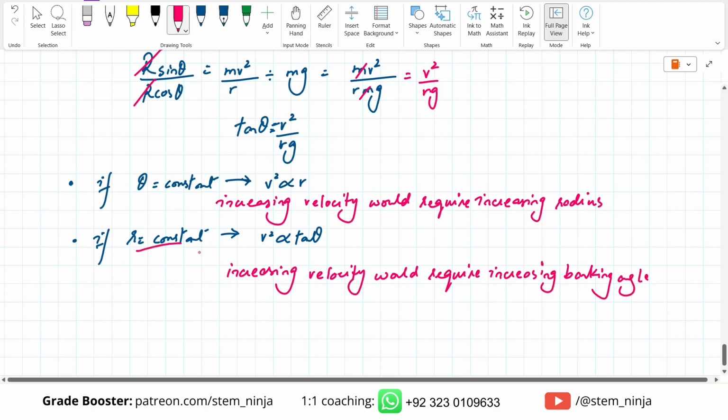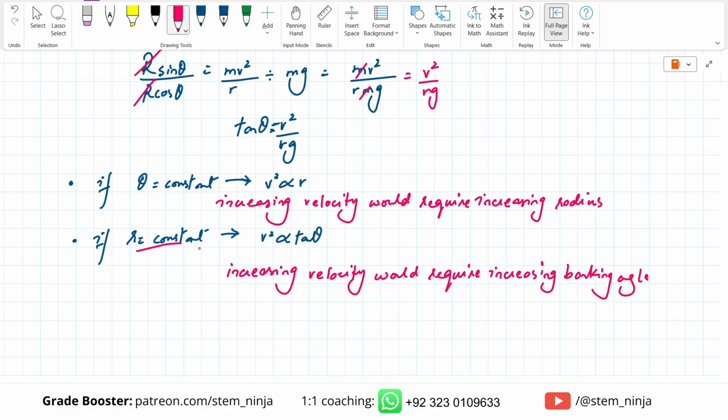Again, at this point, we are keeping the radius constant. And that's about it.